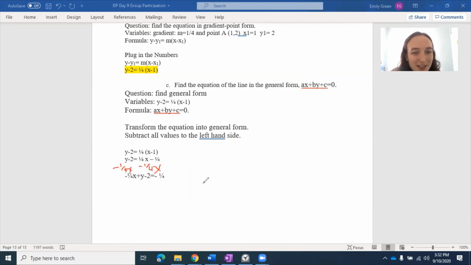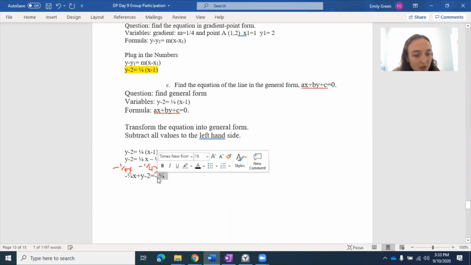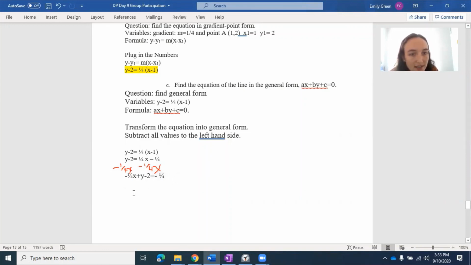There we go. Subtracted it from both sides. I still have this -1/4 on the other side, and I want to get rid of that. So I'm actually going to add it to both sides. So to both sides, I'm going to add 1/4.